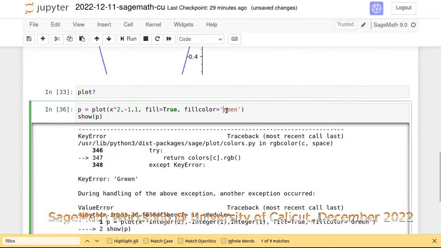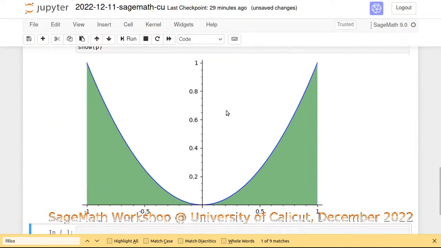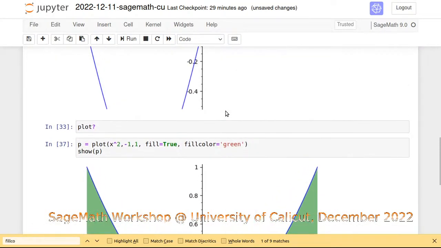Sorry, green small letter. Okay, it's filling below. It's filling below the curve, right?